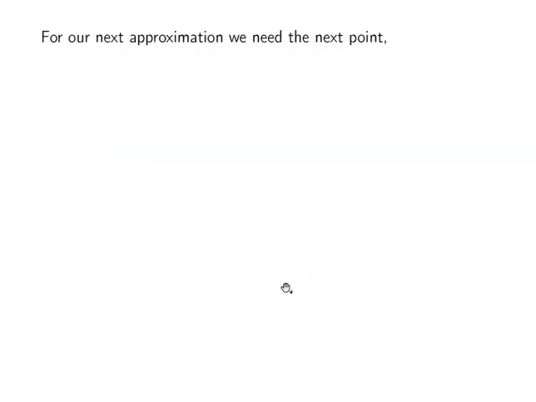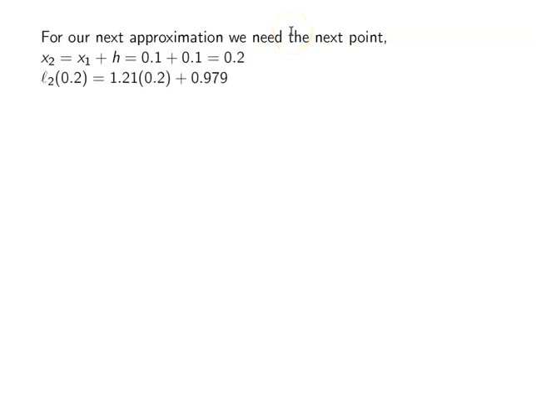Okay. So for our next approximation, we need the point x2, which is again just 0.1 more than the previous. So I was at 0.1, so I'm going to move 0.1 more, so I'm at 0.2 now for my x value. I plug 0.2 into my new tangent line, and I get out the output on the tangent line. So that gives me a point.